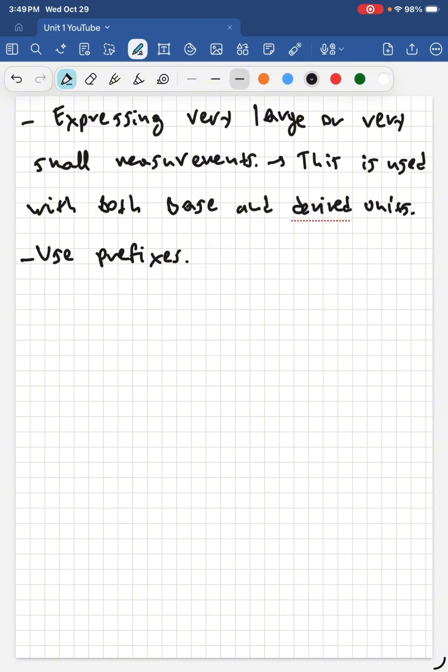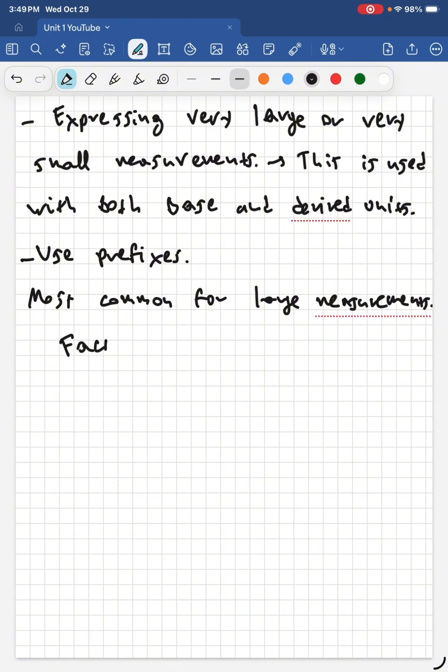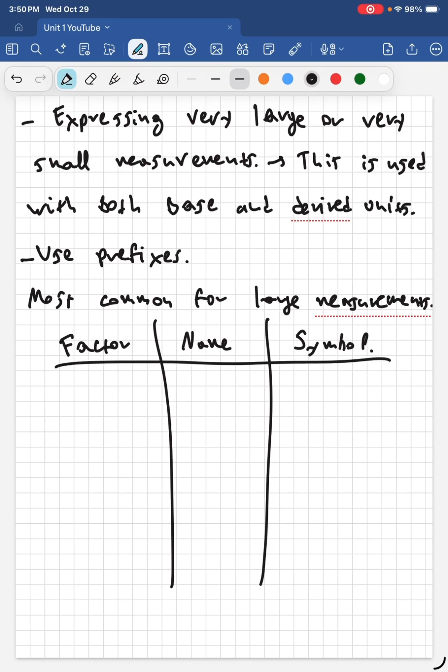So let's discuss the most common prefixes for large measurements. So those are, okay, I'm gonna list the factor, the name, and the symbol. So for the factor of 10, the name is deca and the symbol is da.